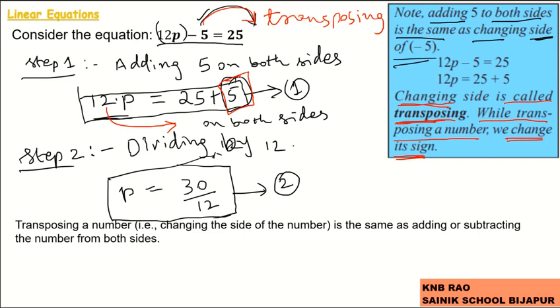So this is the technique which we are going to adopt henceforth while solving equations. Instead of adding or subtracting on both sides by the same number, we will do transposing of it, and instead of multiplying and dividing some number on both the sides, we will do transposing it.